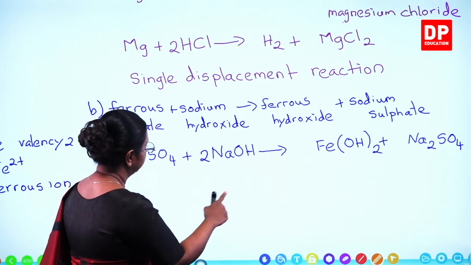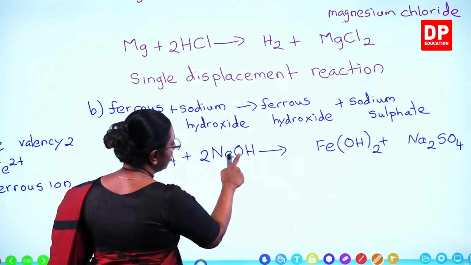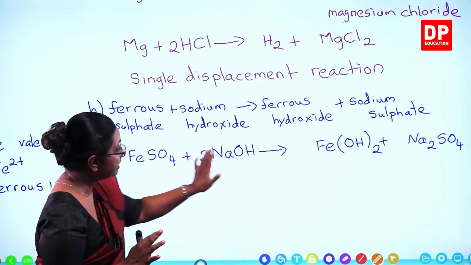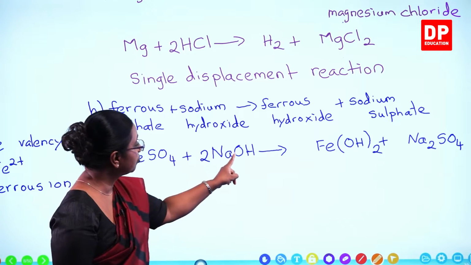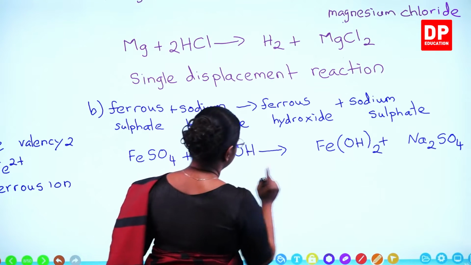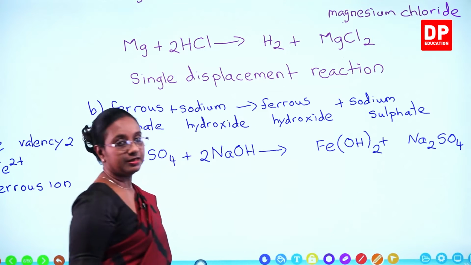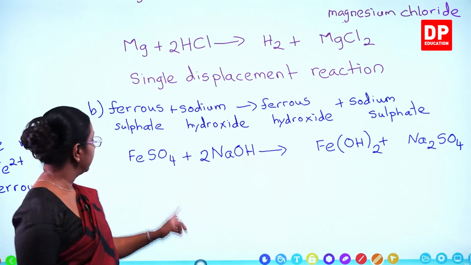So now check. 2 sodium atoms, 2 sodium atoms. 2 oxygens, that is apart from SO4. We have already seen that is balanced. So in addition, we have 2 oxygen atoms here, 2 oxygen atoms there, 2 hydrogen atoms here, 2 hydrogen atoms there. So now it is balanced.